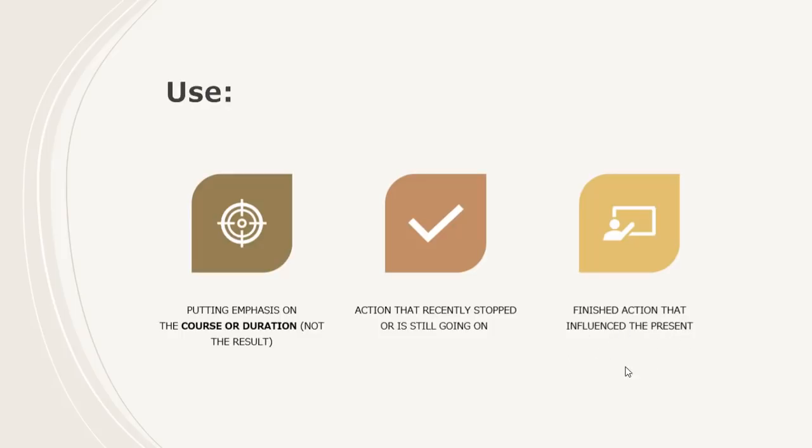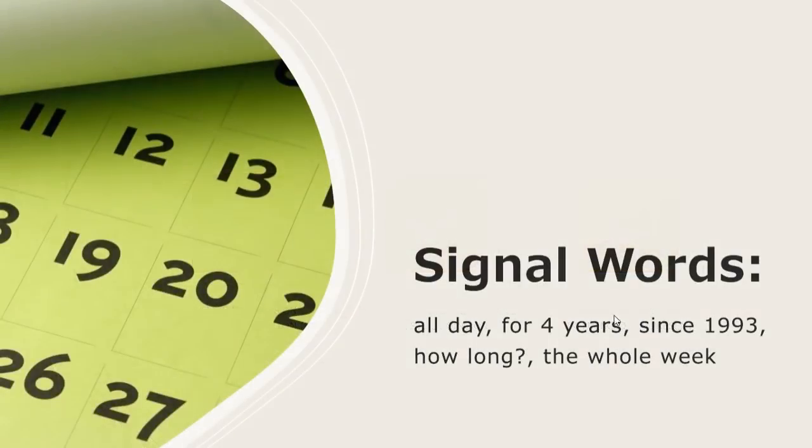Yeah, that influences the present. You did something in the past and it influenced the time being, right? Okay, you can make your own. And then this like for 4 days, since 1993, like how long, the whole week, etc. Right?